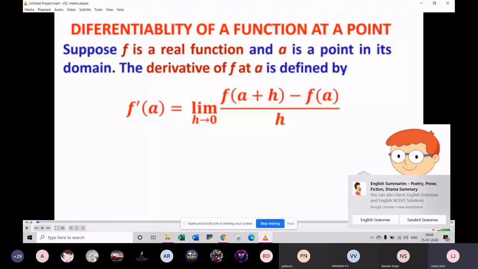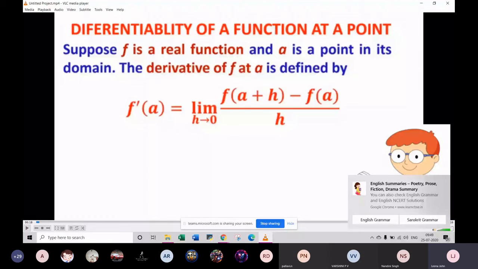Now, again, look at this limit. The derivative of f at a is a limit. Now, the question arises: this equals limit h tends to 0 only if the left-hand limit and right-hand limit exist and are equal. Suppose we find the left-hand limit. Left-hand limit means: limit h tends to 0 minus of f of a plus h minus f of a by h. That is known as the left-hand derivative of the function at a. It is just like the left-hand limit of a function.